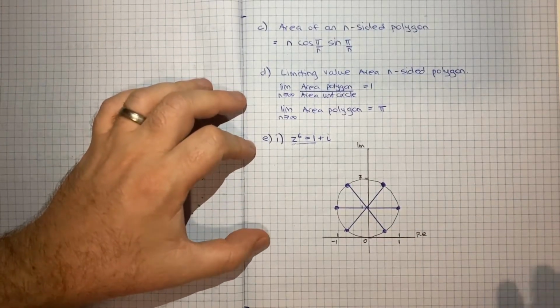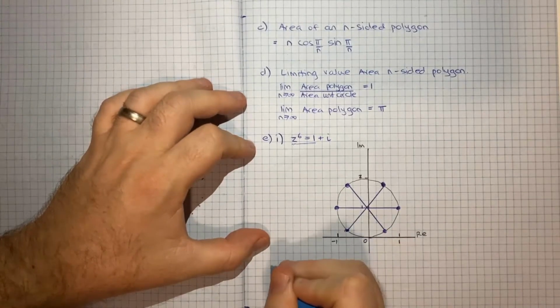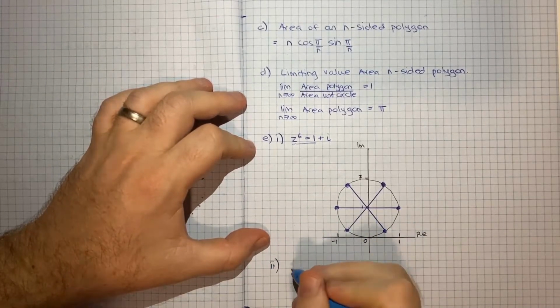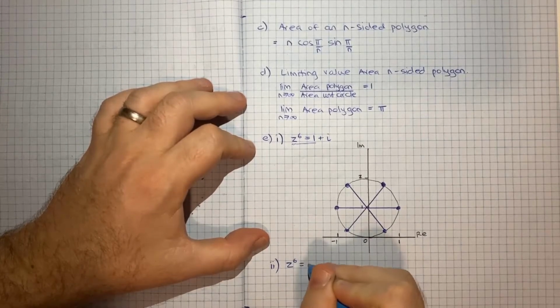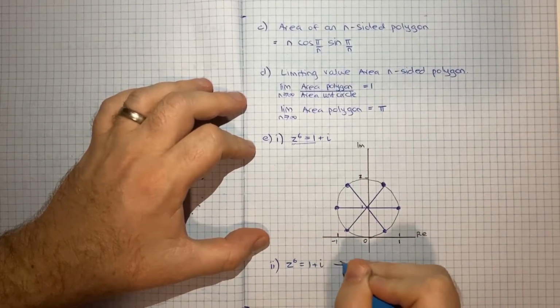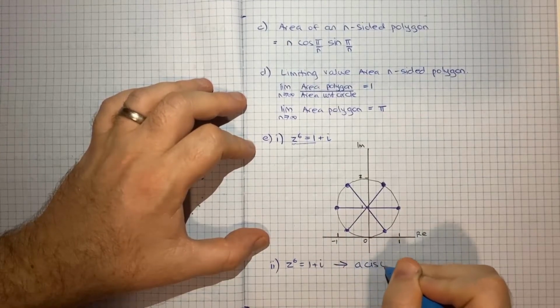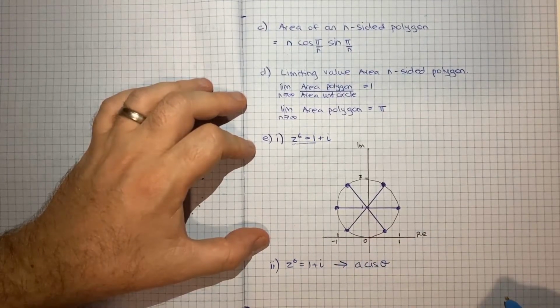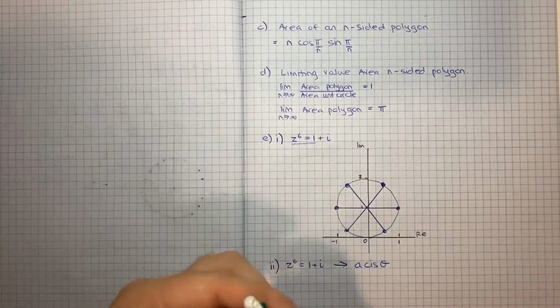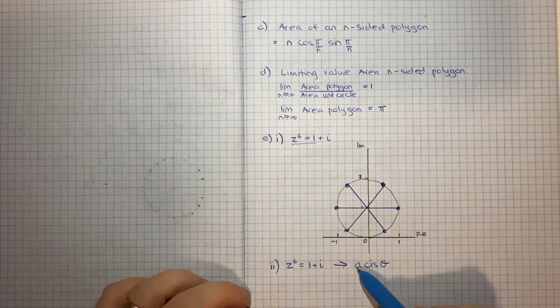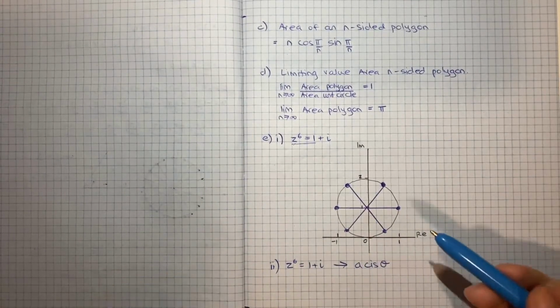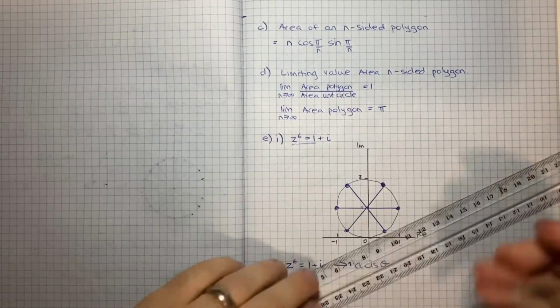So now we're on to part 2, which is to write those roots. So what are the solutions to z to the 6 equals 1 plus i in the format a cis θ? And so what we're really looking at is a is going to be the magnitude of the line from the origin.